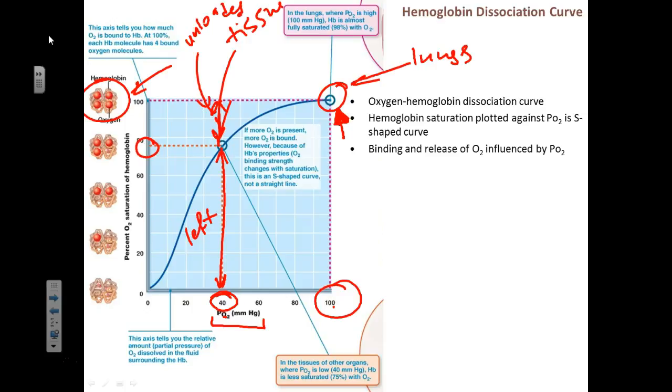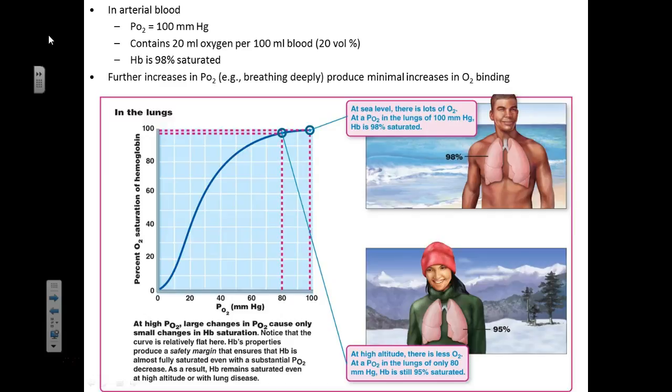Do you see that? Now let's take a look at what happens when pressure changes. So this is the lungs, right? This is you hanging out at sea level on the beach. Partial pressure of oxygen in the atmospheric air is normal, 760. Saturation, 100%. Does that make sense?